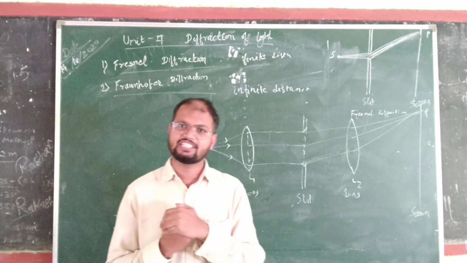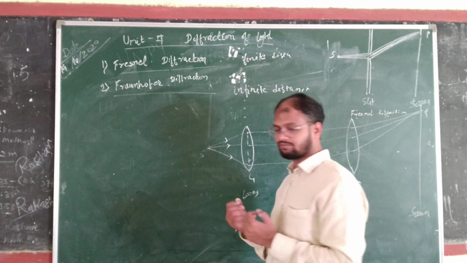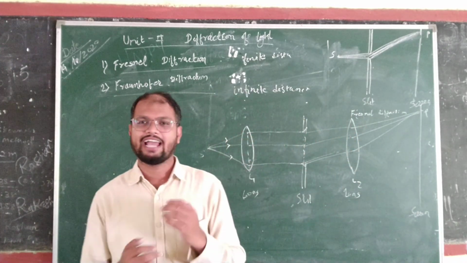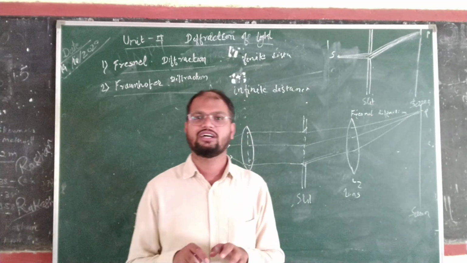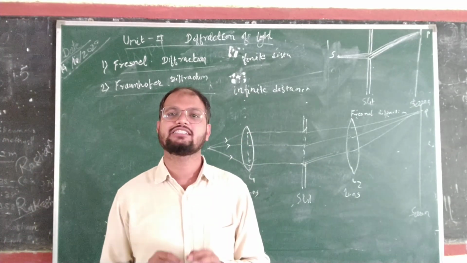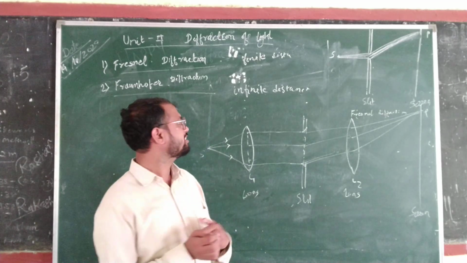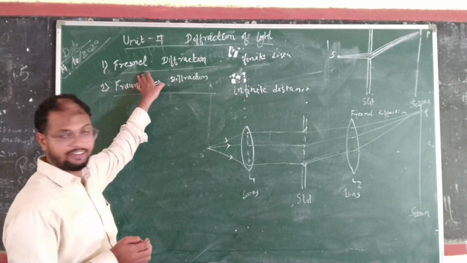In Fresnel diffraction, either the source or the screen or both are at finite distance from the obstacle or aperture. This type of arrangement is called Fresnel diffraction.